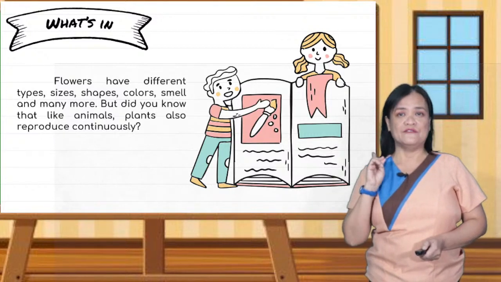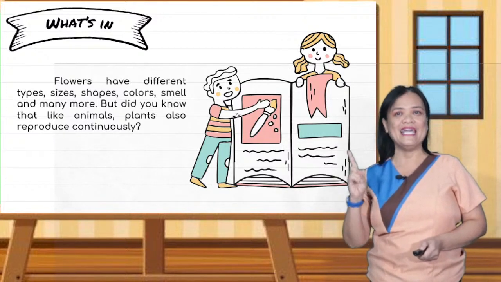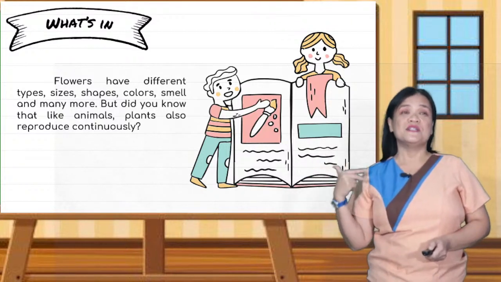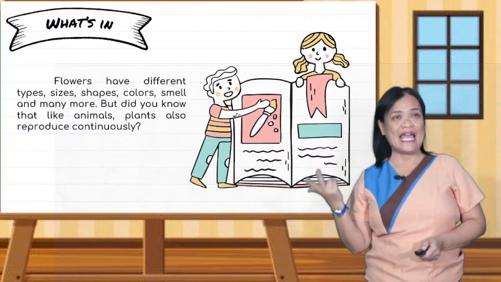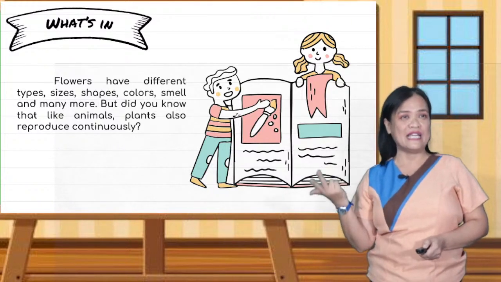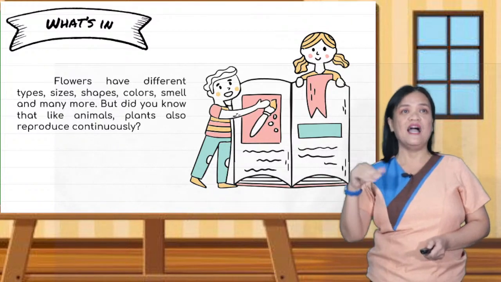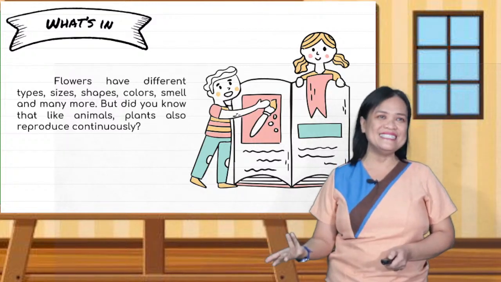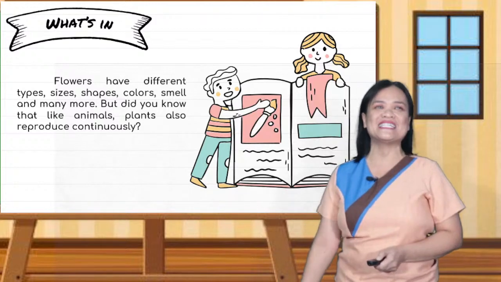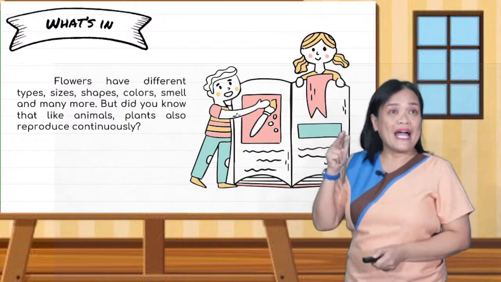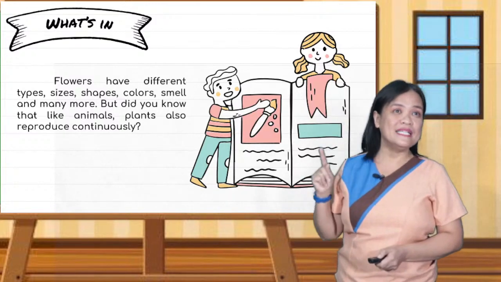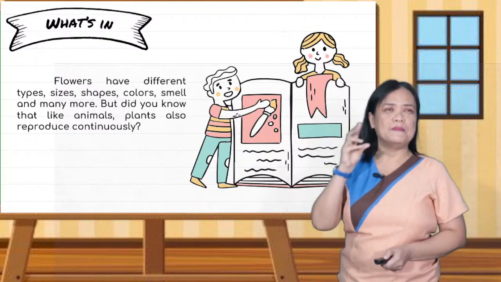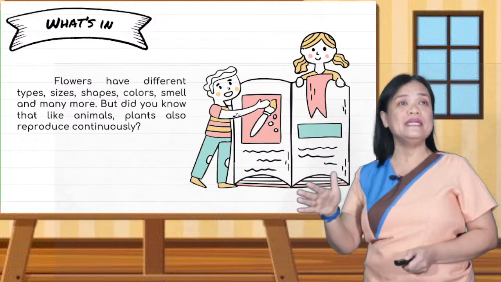All right. So flowers have different types, okay? Sizes. Some are small, some are big, elongated. Shapes, there are elongated, circle, heart shape. Colors, there are pink, red, yellow flowers, okay? White. Smell, like sampaguita, our national flower, smell good, pleasant smell, and many more.